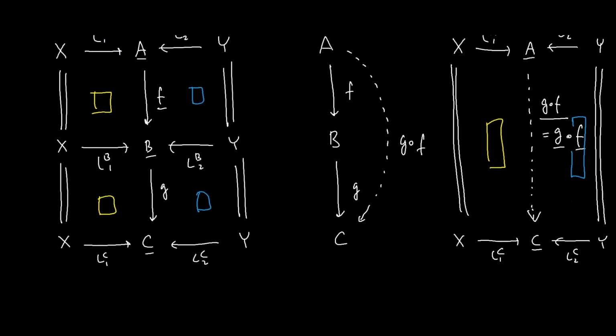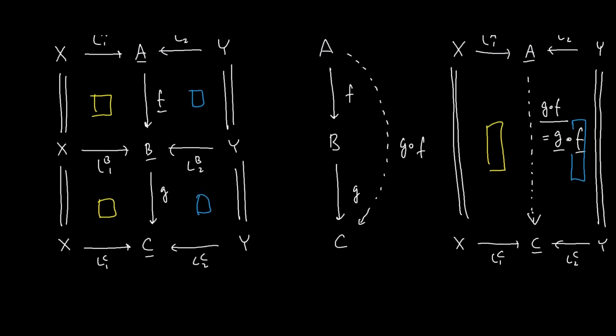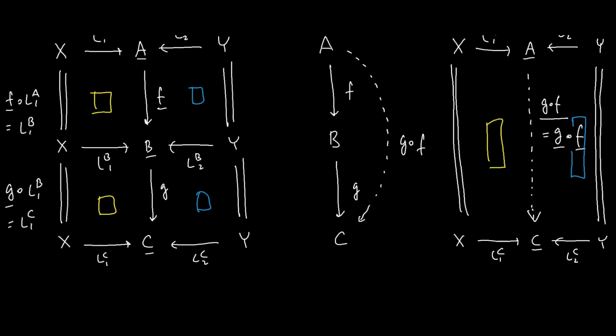Algebraically, we can write this out. In the first case, we needed F lower bar composed with iota 1A equaling iota 1B. And here we needed G lower bar composed with iota 1B equaling iota 1C. On the other side, I need to ensure that G composed with F lower bar composed with iota 1A equals iota 1C. I can do this step by step.